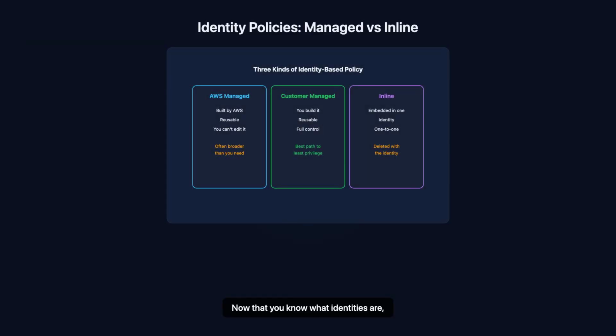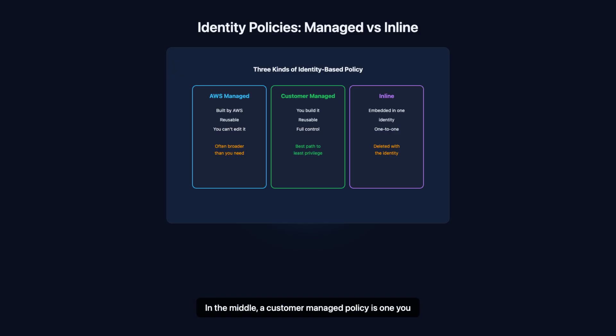Now that you know what identities are, let's talk about the policies you attach to them. There are 3 flavors of identity-based policy. On the left, an Amazon Web Services managed policy is built and maintained by Amazon Web Services. It's reusable and convenient, but you can't edit it, and it's usually broader than any one workload needs.